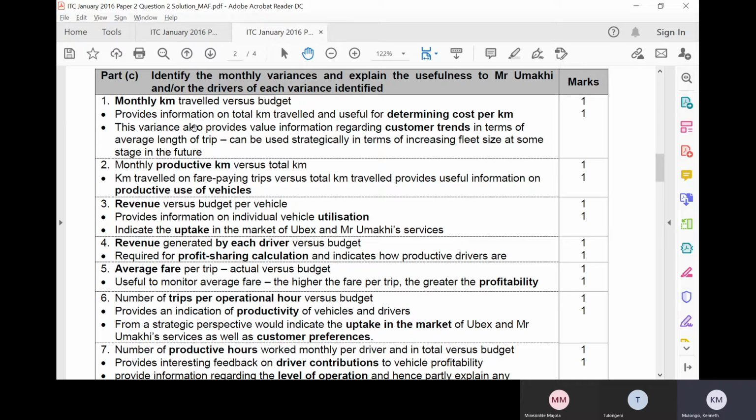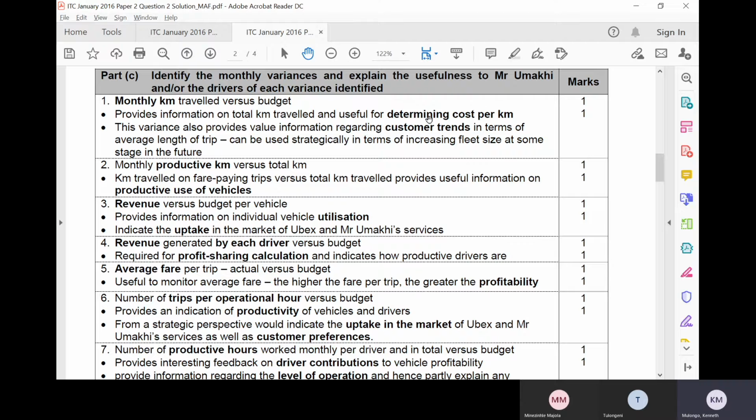They will probably not ask you this in this much detail, but knowing why these variances are useful could help you the next time you do an exam and need to calculate the variance as opposed to explaining it, because now you have an explanation of why comparing monthly kilometers traveled versus budget is going to help determine cost per kilometer.